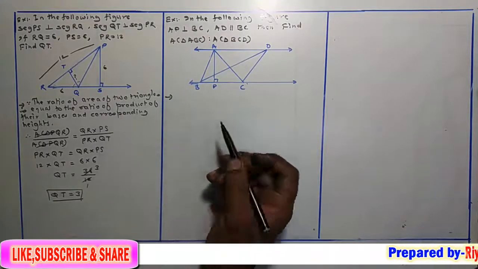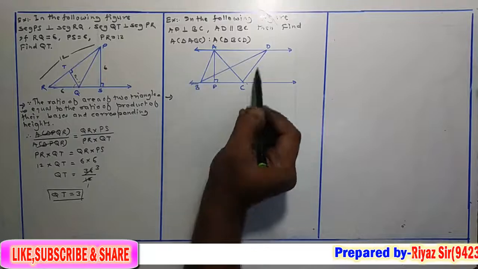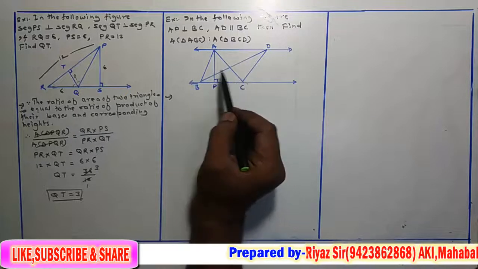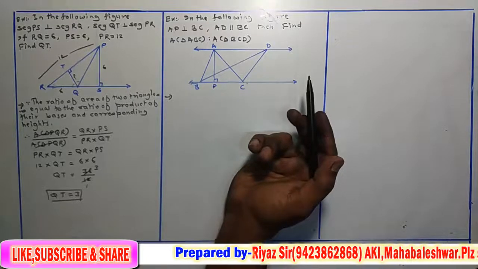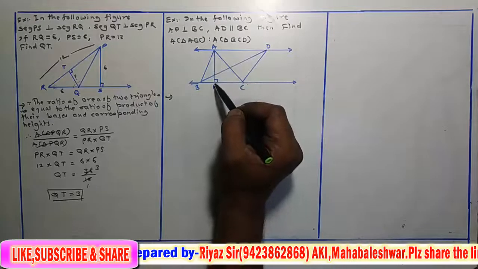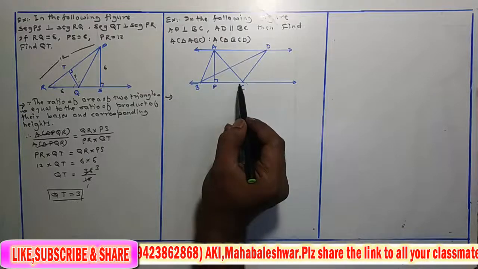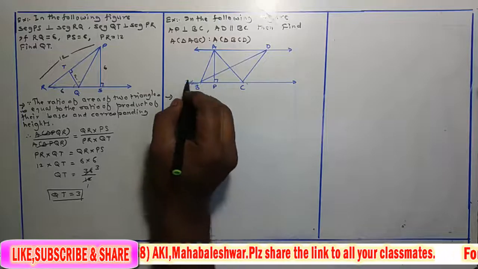Okay, now if you observe triangle ABC and triangle BCD, both triangles lie between the two parallel lines. Therefore their heights are equal, right? Height is the same, AP is the height. And a common base is also given. So we start the solution like this.